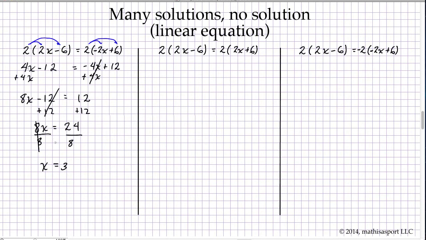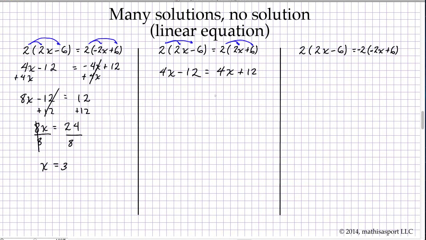Now let's take a look at this. Again, we start by distributing the 2 on both sides of this equation. I've got 4x minus 12 equals 4x plus 12.